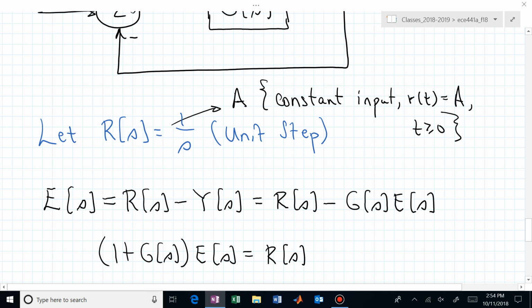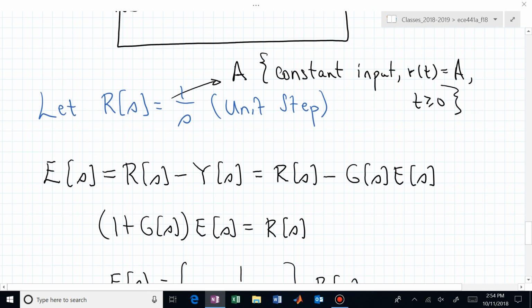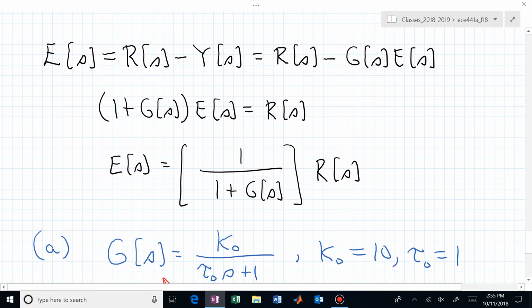We have 1 plus G of S times E of S equaling the reference input R of S, and now we can divide both sides by 1 plus G of S to end up with our transfer function between the reference input signal R of S and the error coming out of that summing junction, E of S.